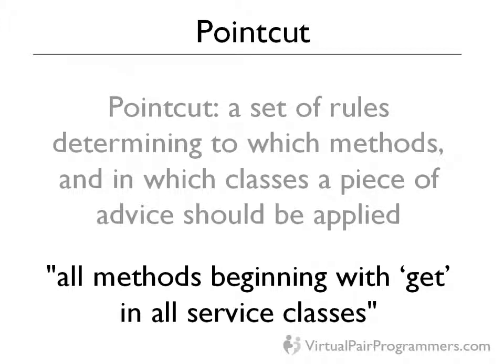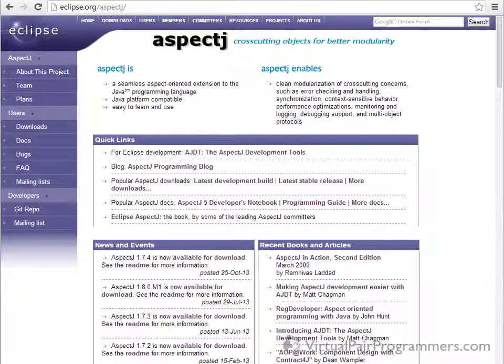In Spring 2, the people behind Spring decided that they would borrow a syntax invented by AspectJ. Now, I briefly mentioned AspectJ in some of the previous chapters. Here's their website. The URL you can see here.